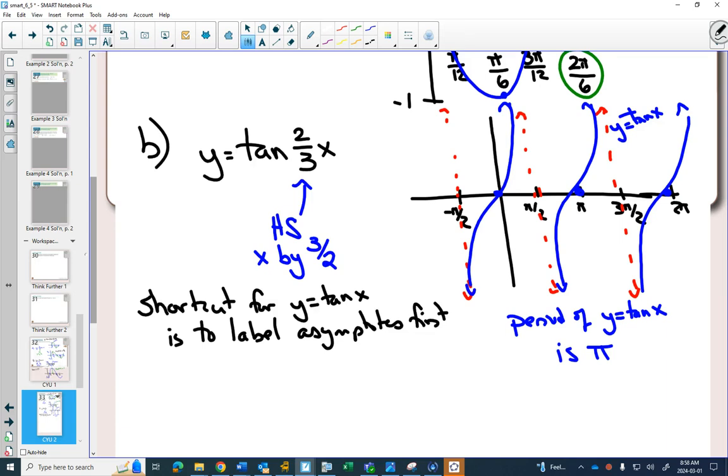If we're going to multiply our x values by 3 over 2, our asymptotes are currently at x equals negative pi over 2, x equals pi over 2, and x equals 3 pi over 2.